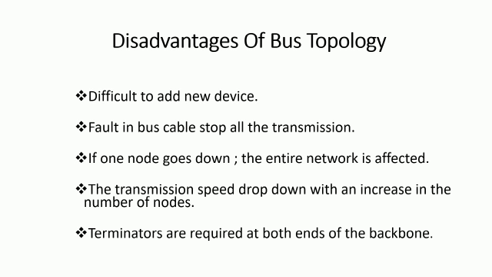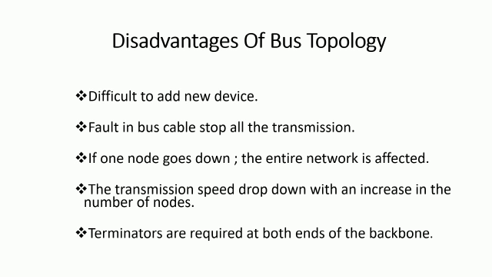Next, if there's a node failure, that is, even if one node goes down, the entire network gets affected. The next is, as I earlier said, there's a limit on the number of taps a bus can support and on the distance between those taps.